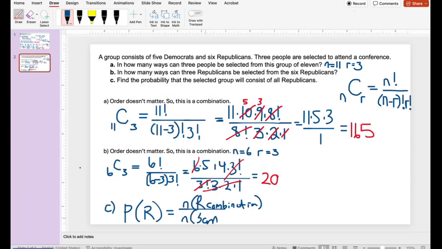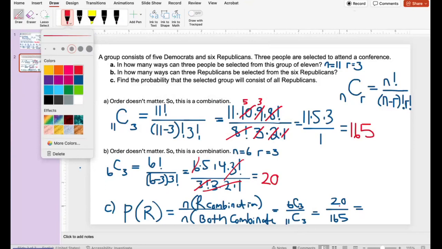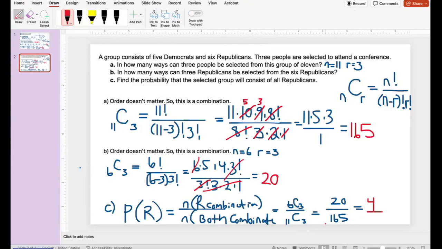We'll just say sample space. So that's going to be 6 choose 3 divided by 11 choose 3. All right, so we have 20 over 165. So when we simplify this, 5 goes into 20 4 times, and it goes into 165 33 times, right?